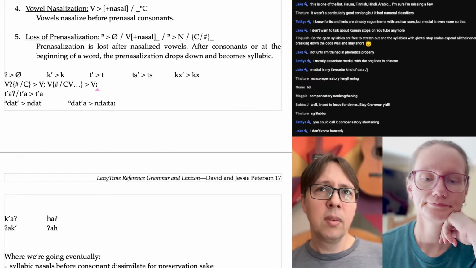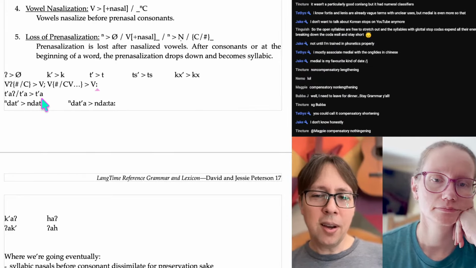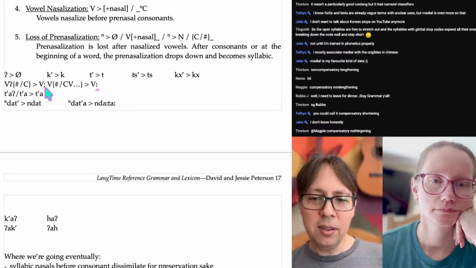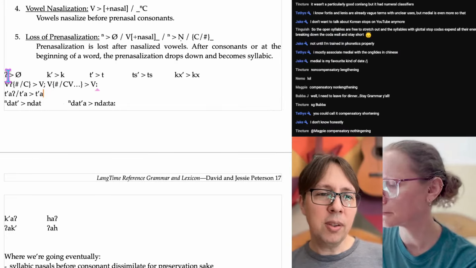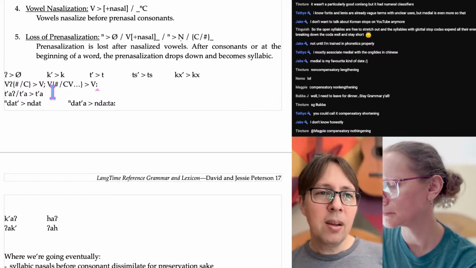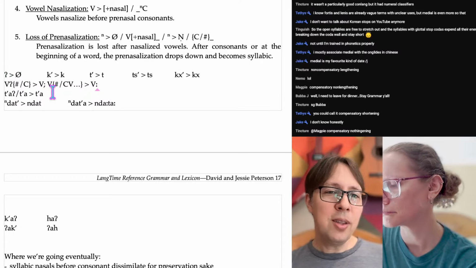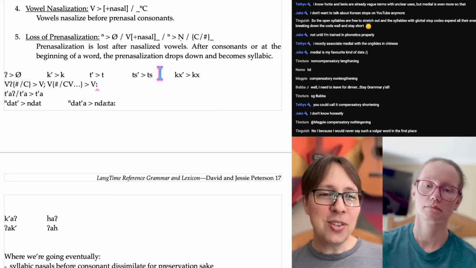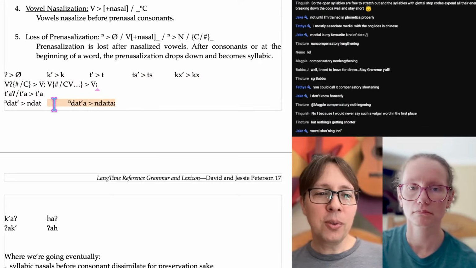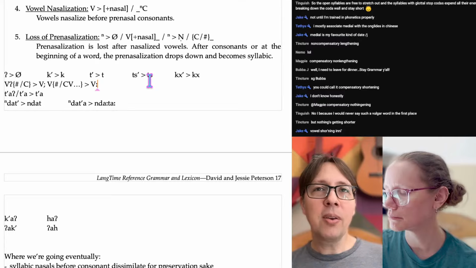Okay. So anyway, the non-compensatory lengthening is happening because of the deletion of the glottal stop. I don't really see any way that this should be motivated. And so the question is, do we like this? And the result would be a lot of long vowels.